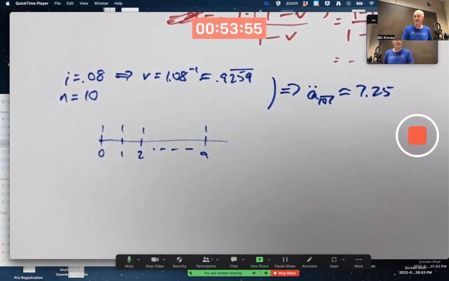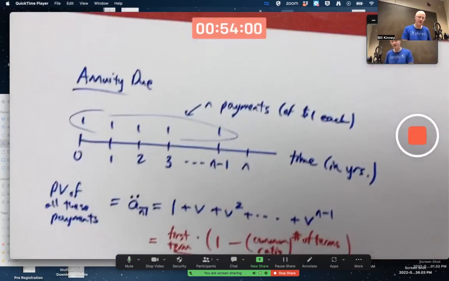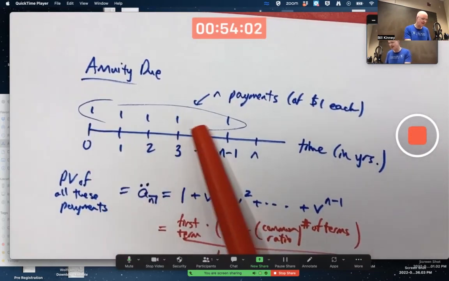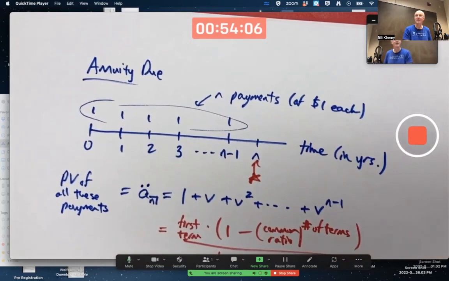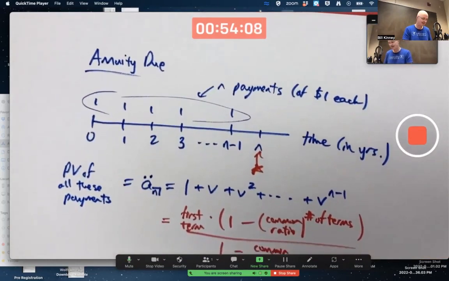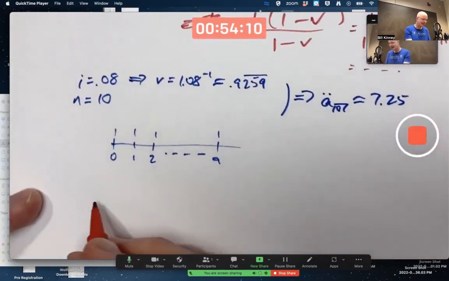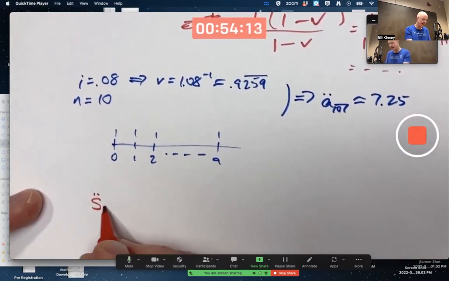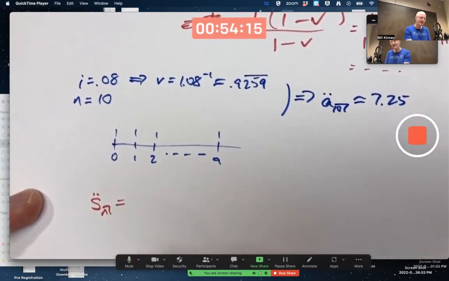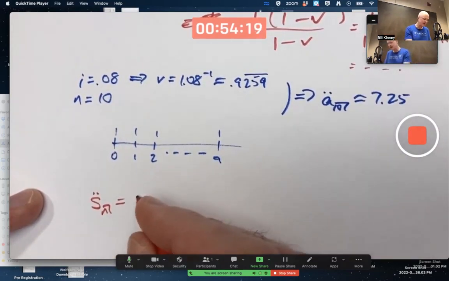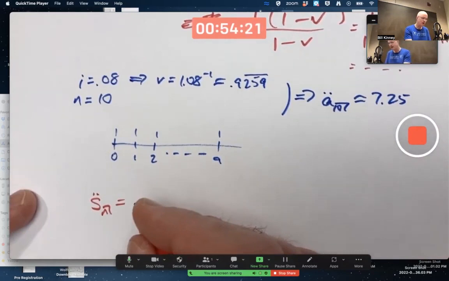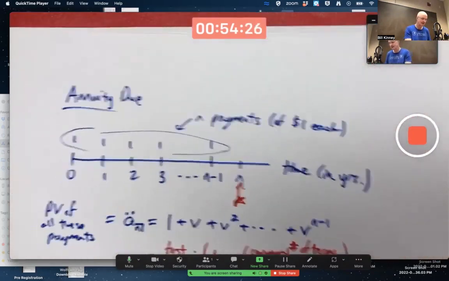It's also important to think about future values, how your investment might grow. We could also think about the value of these payments at some other time, like time n. What's the future value of all these payments at time n? The notation for that is S double dot sub n. We're not really going to focus on that for the homework, but just for the sake of completion. Here you raise 1 plus i to positive powers because they're going into the future.